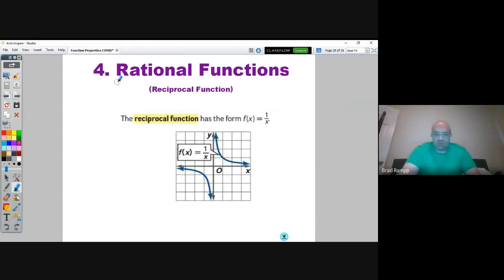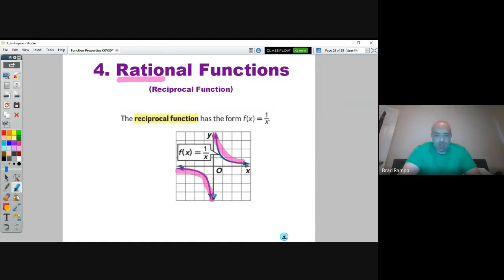Rational functions, think of ratio, the root word, think of ratio as a fraction. This sometimes gets called the reciprocal function. Their graphs always have a couple of curves at least going through them.